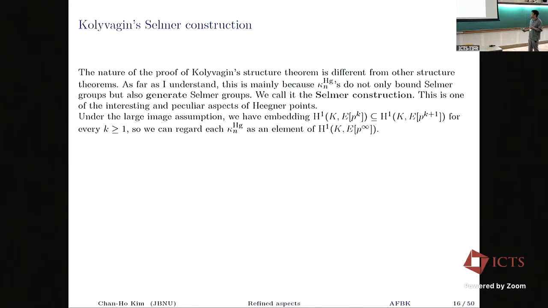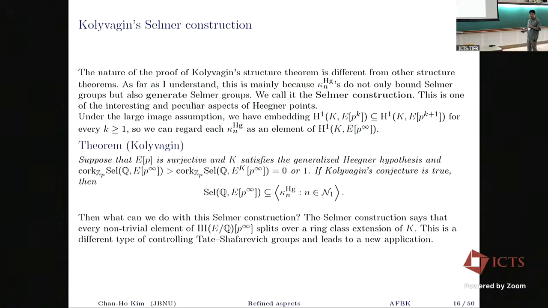Under the large image assumption, we have an embedding of H^1(K, E[p^k]) into the same group with the Galois module getting bigger, E[p^(k+1)]. Under this embedding, we can regard each kappa_n Heegner class as an element of H^1(K, E[p^∞]). So now it's a discrete Galois module, not a compact one, although we usually play with Galois cohomology classes lying in the compact Selmer groups.